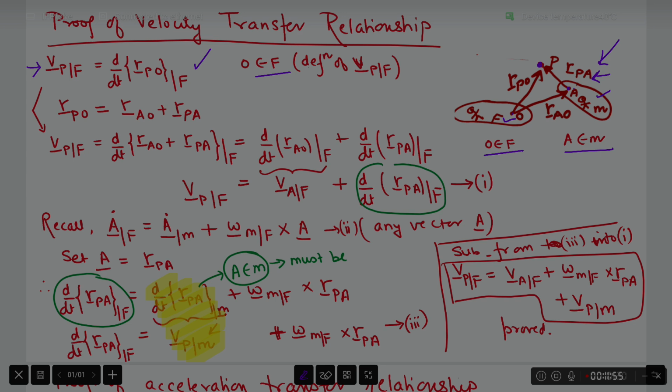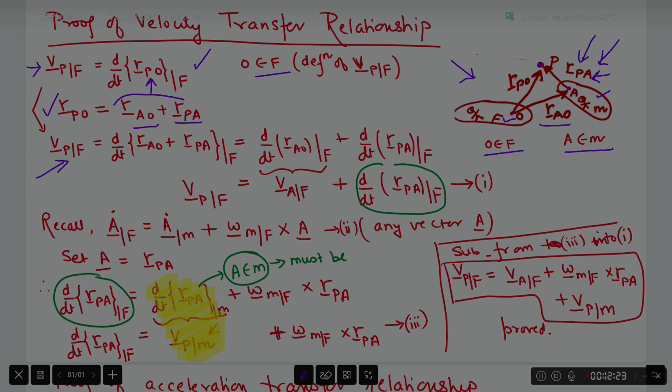Now looking at the diagram on the right hand side, we can express RPO using the two vectors RAO and RPA that are displayed on the screen here. I substitute this expression for RPO and this is what I get.